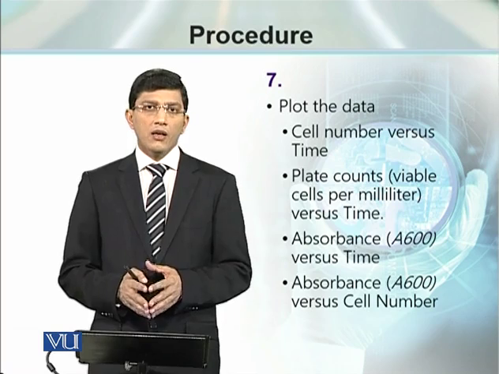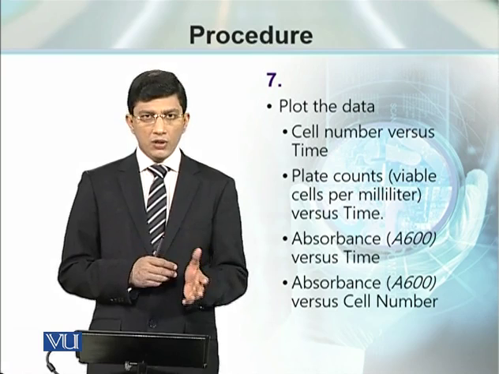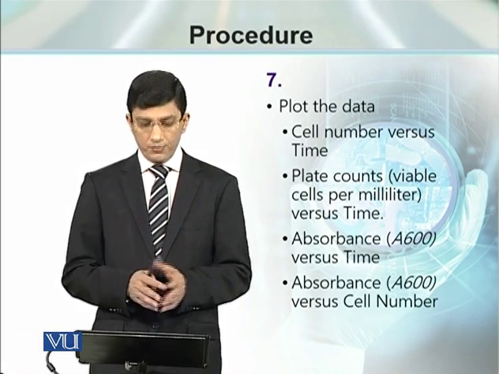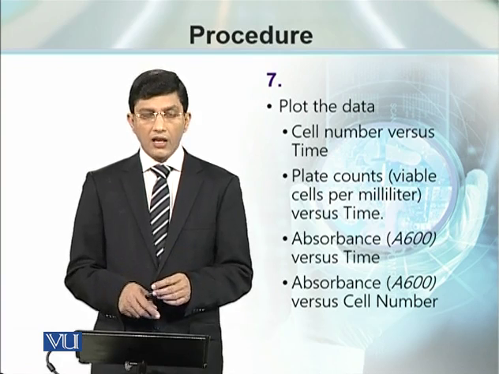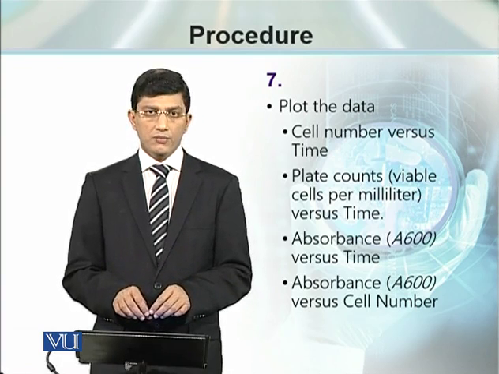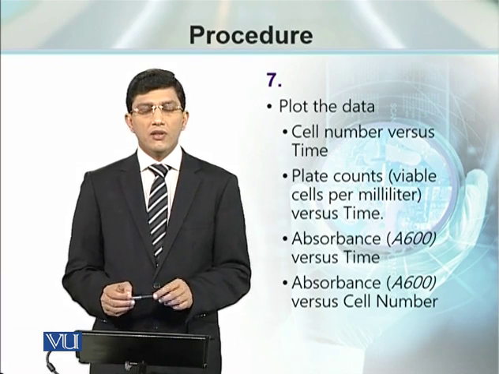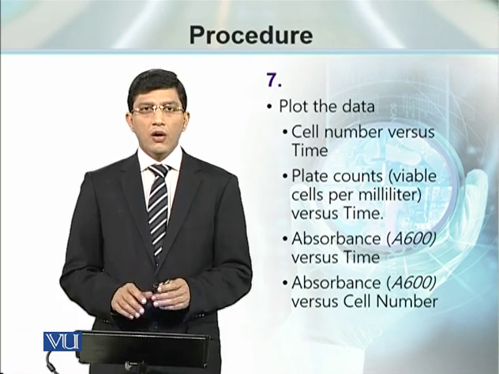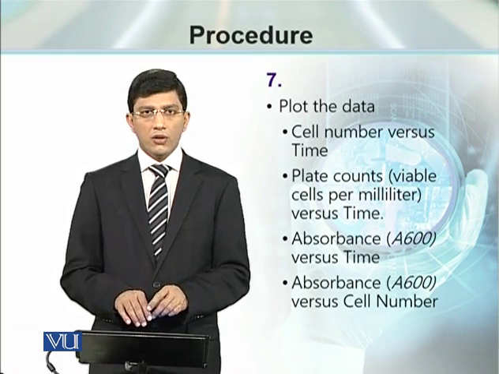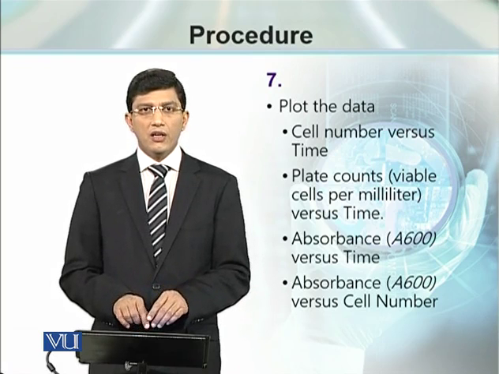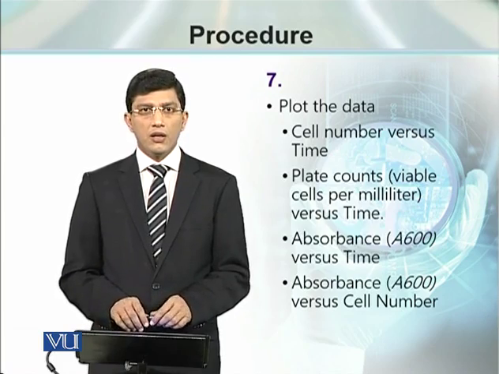Then we can prepare a plot between the colony count and the time, absorbance and the time, and absorbance and the cell number. These different plots will give us an idea of how good a medium is for the growth of a microorganism and how much time it needs to divide or to double in a particular culture medium.